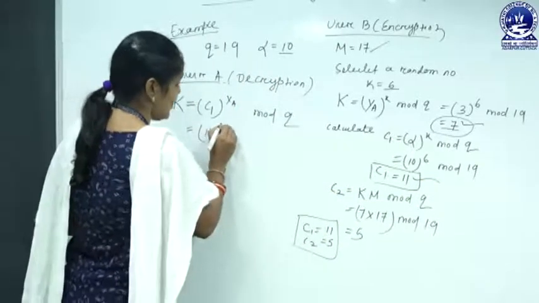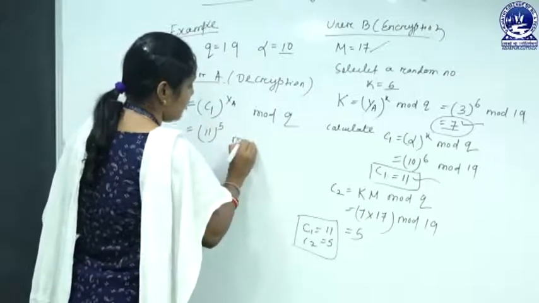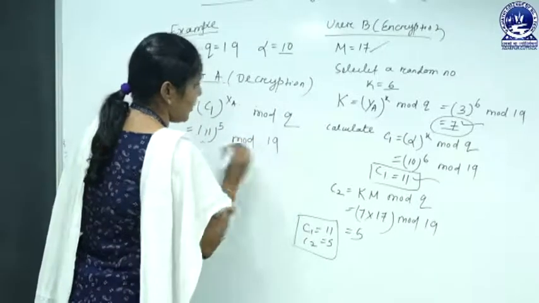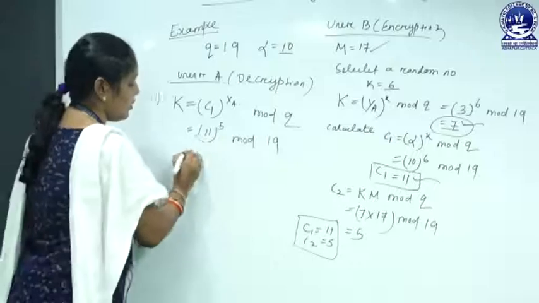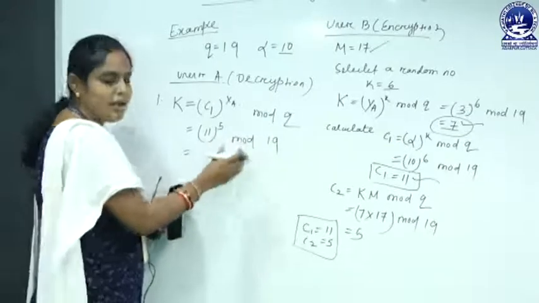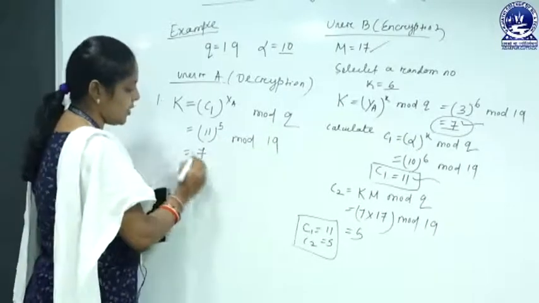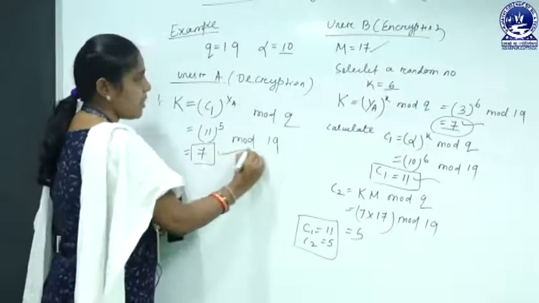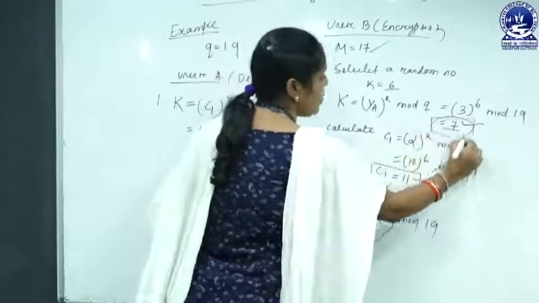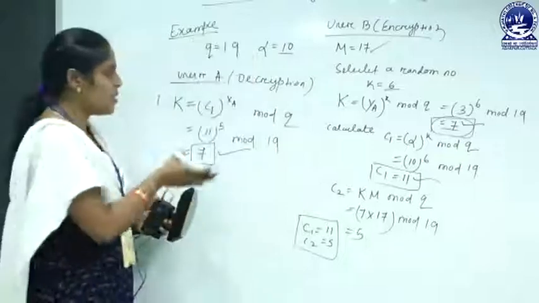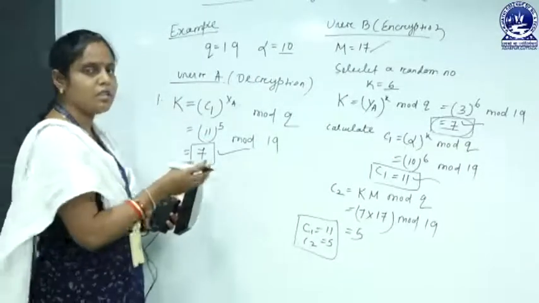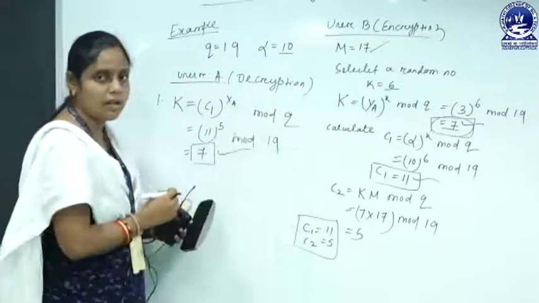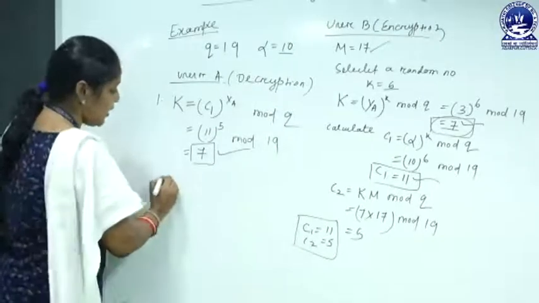Xa value is 5, then mod 19. If you calculate this value, then the result is 7. Now look at this value and this value. These two values are equal because here the K is the secret key which is shared between the user A and user B.